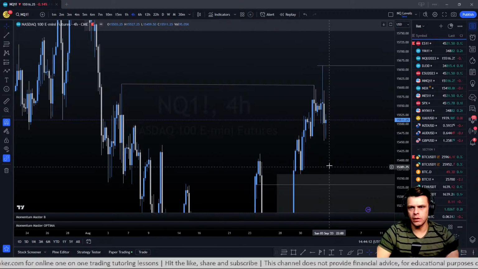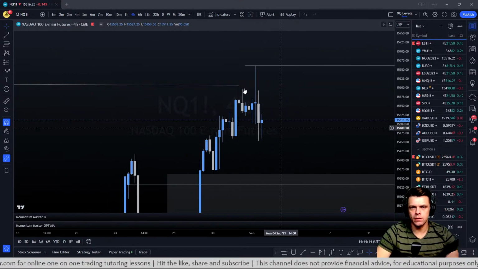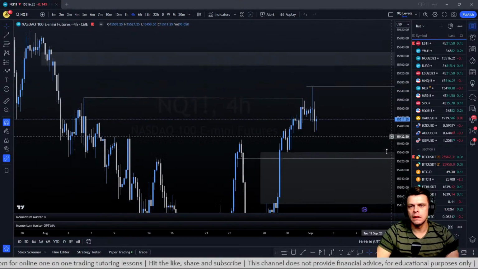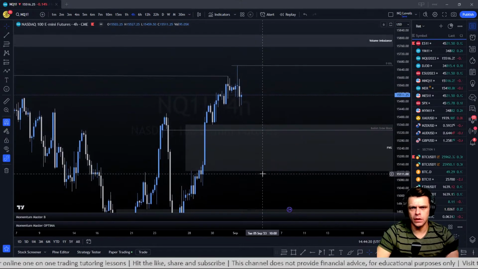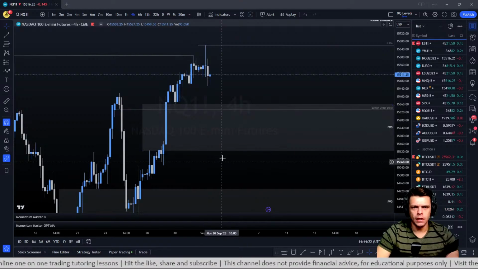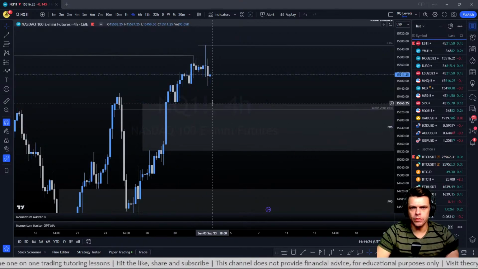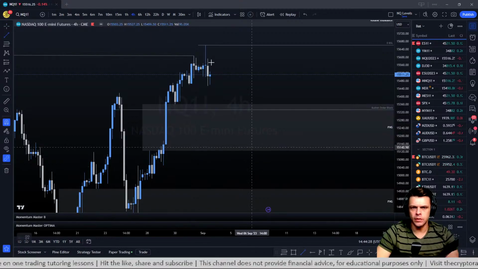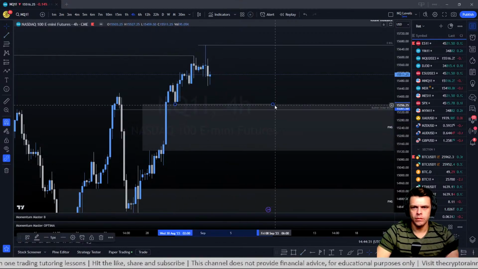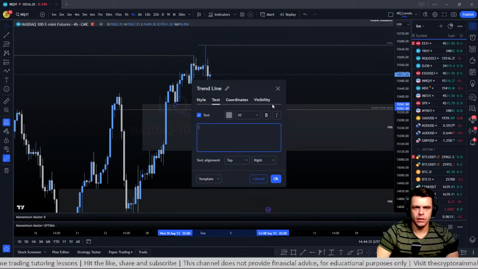They came right in the area, got rejected, couldn't displace above the high. So it definitely seems like potentially lower prices in the coming days. And then also right above this fair value gap on the daily, we have this low right here. So we will have sell side liquidity.